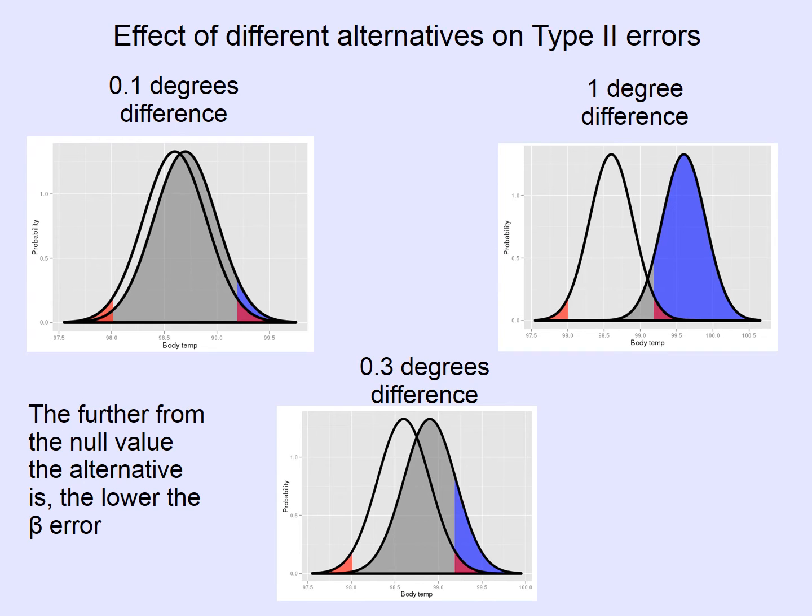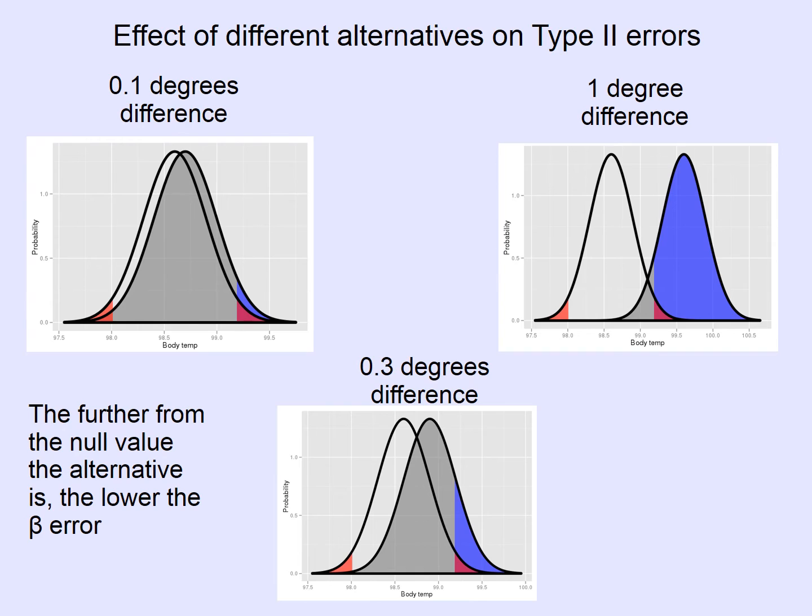Well, look what happens from 0.1 degree difference to a 0.3 degree difference. I had a bigger difference between what I got in my sample data to my null, and that has, without changing my alpha, decreased my beta and increased my power. Look what happens when I get 1 degree difference. I didn't change anything else, and again, my beta error has gone way down and my power has gone way up.